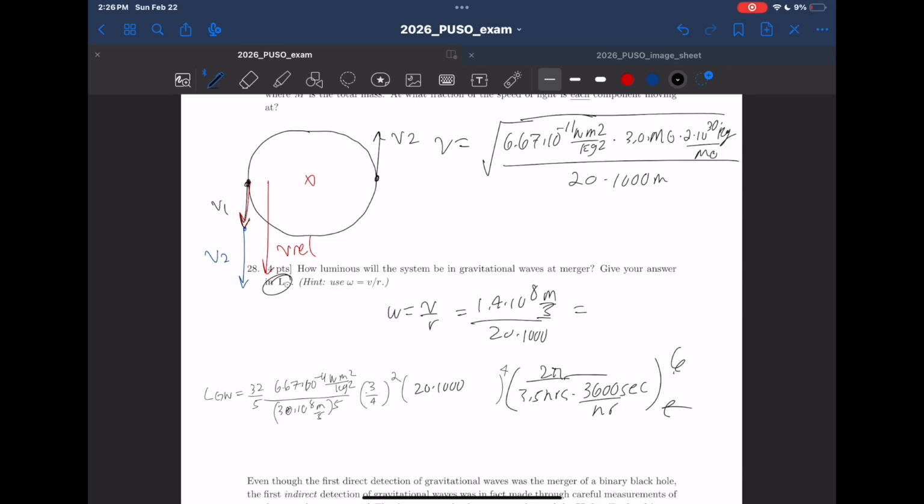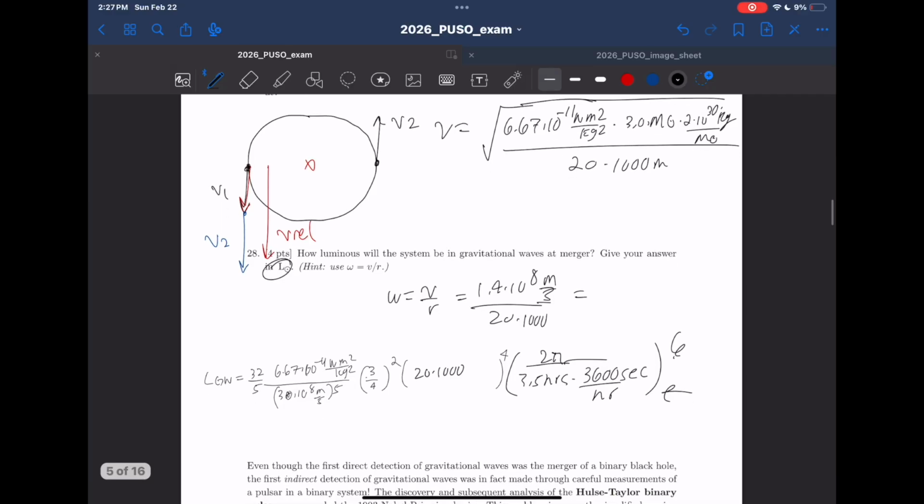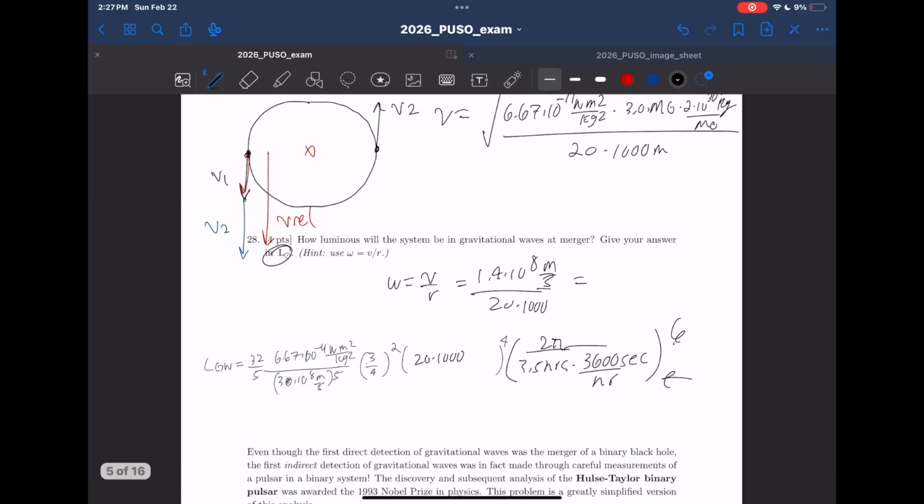This is going to give you the angular velocity. I don't have it written down, that's okay. So you're going to plug that into this part right here for the new angular frequency. Should be a lot faster though. So put that in here and then raise it to the 6th power.